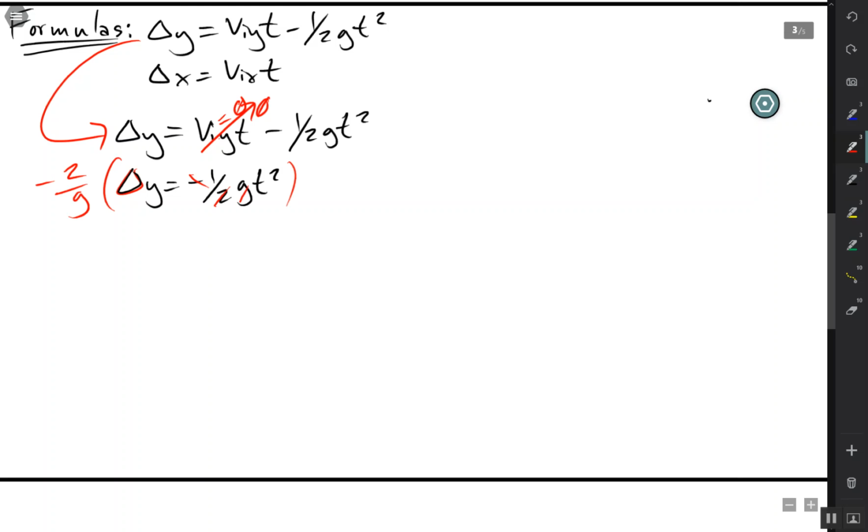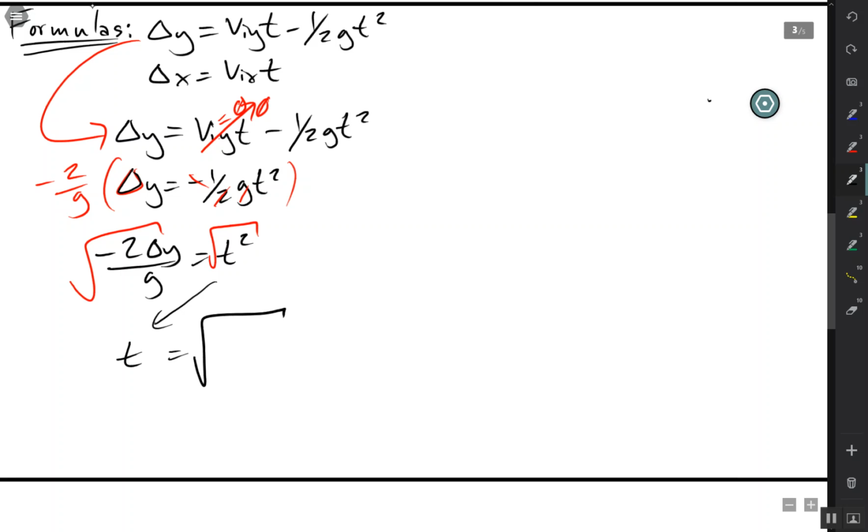And I'm going to get 2 delta y over g equals t squared. Then I'm going to take the square root of both sides. Uh-oh. What did we just do? And I'm going to flip these two things, okay? So that becomes t equals the square root of negative 2 delta y over g.